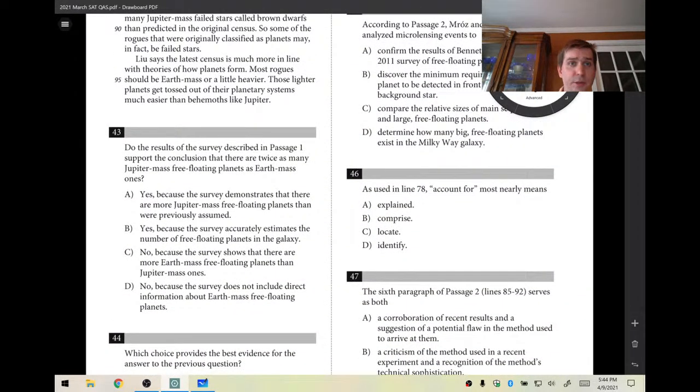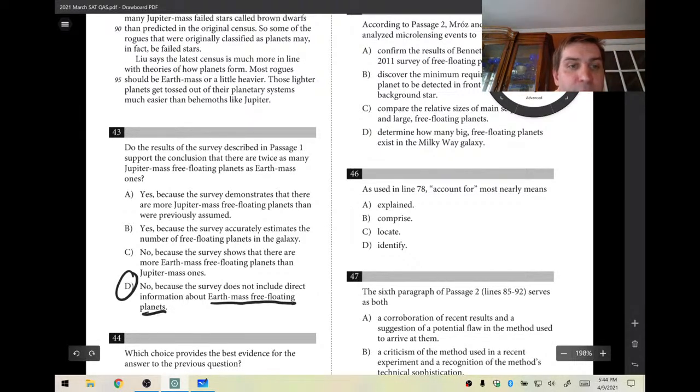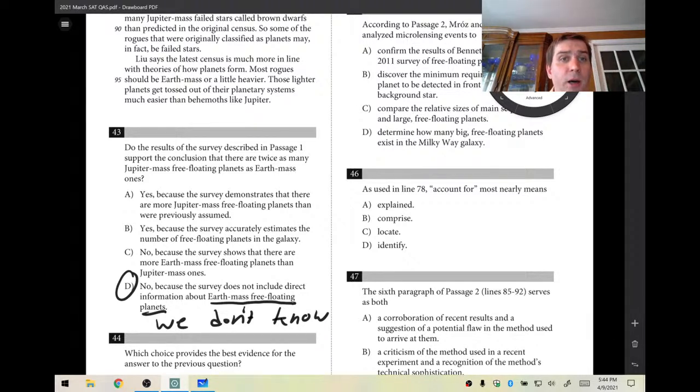Do the results of the survey described in passage 1 support the conclusion that there are twice as many Jupiter mass free-floating planets as Earth mass ones? So no, they don't. Because the survey does not include direct information about Earth mass free-floating planets. Why? We don't have that information. We only know about the gravitational interference of the Jupiter or bigger sized ones.